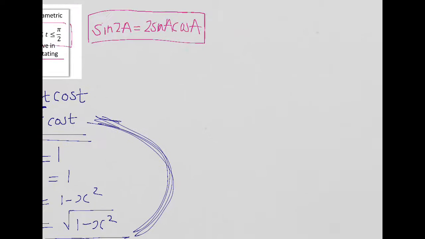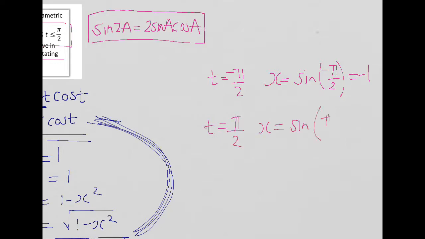So when t is negative pi over 2, x is equal to the sine of negative pi over 2, which equals negative 1. And when t is pi over 2, x, because we're looking at the domain, that's why we're putting it into x, is 1. So what is the domain? Well, the domain is going to be like that.